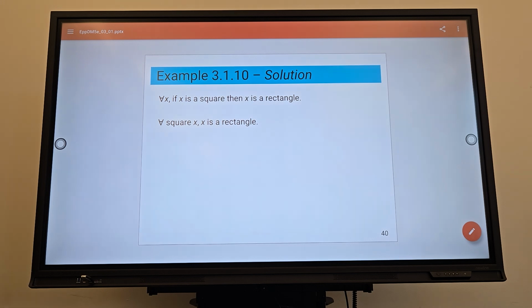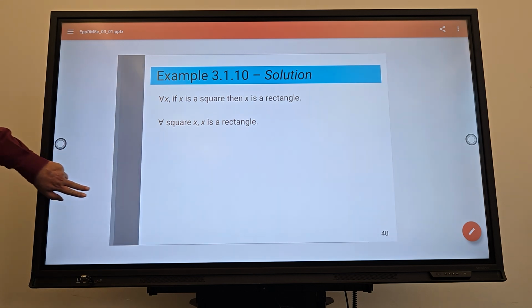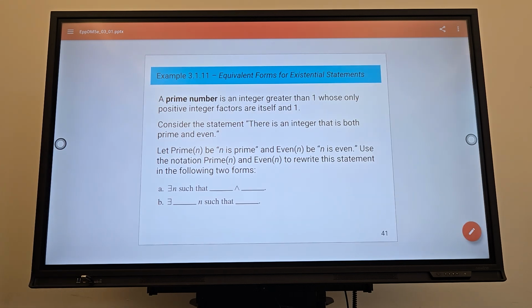Let's see here. We know what a prime number is. Consider the statement: there is an integer that is both prime and even. Let prime(n) be "n is prime," and even(n) be "n is even." Use the notation prime(n) and even(n) to rewrite the statement in the following terms.